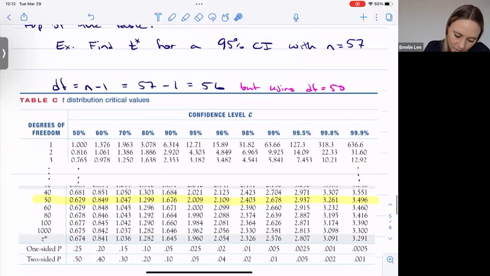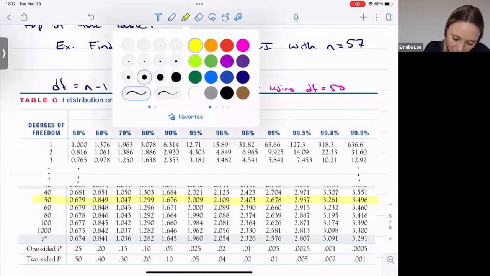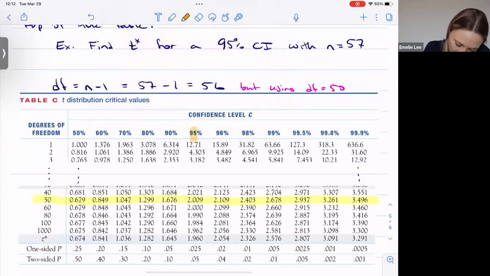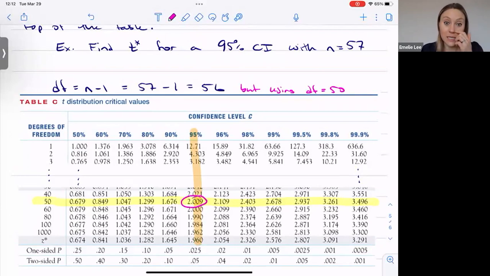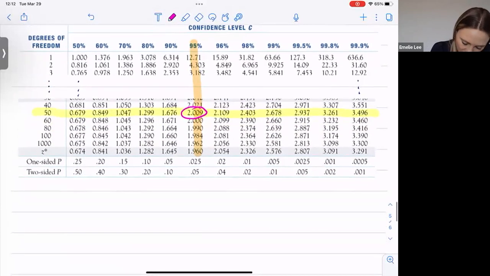Okay, and so here, if I want a 95% confidence interval, then I'm going to be working here. Before, we would have used a z star of 1.96. But now I go to my t star, and sometimes we have the degrees of freedom as a subscript, t star 50.